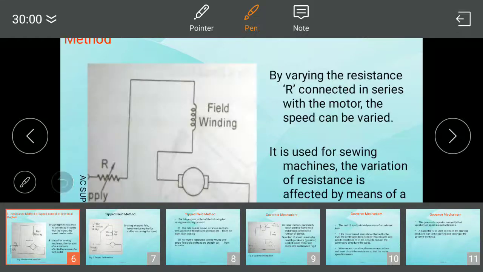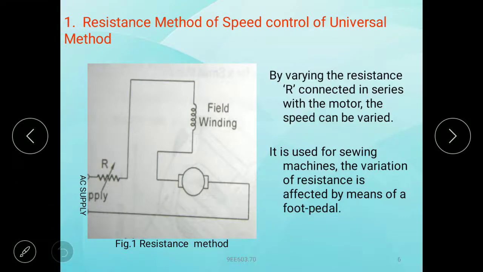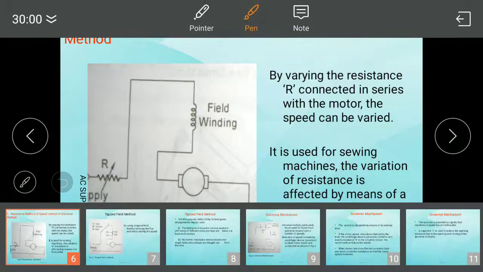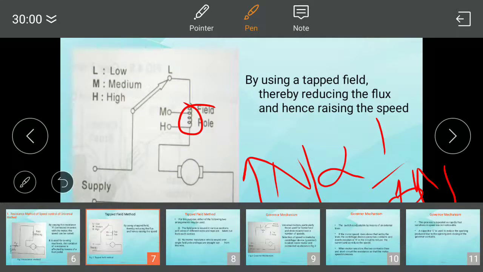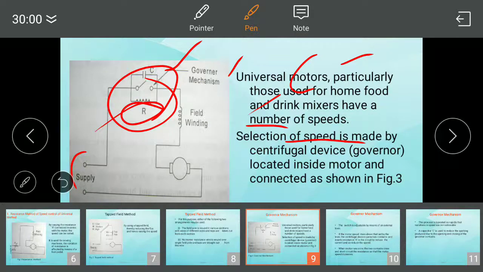In the speed control method using resistance, we can control the speed. Using the tapped field, we can reduce the flux and raise the speed. You can also use the governor mechanism to control the speed of the universal motor.